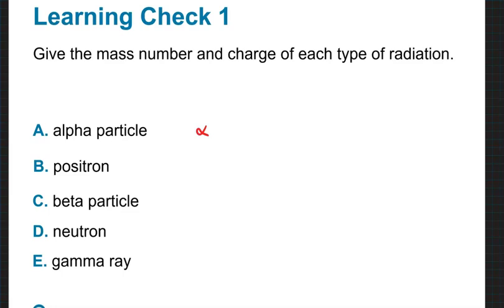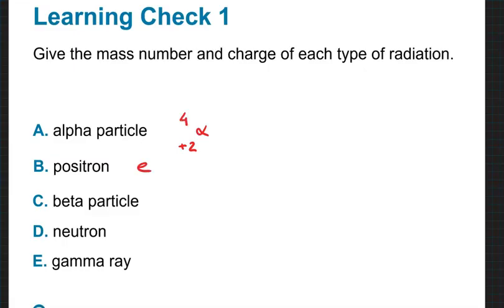Periodic table is right there. It's element number 2. So if the atomic number is 2, how many protons do we have? 2. And since the mass number is 4, how many protons plus neutrons do we have? 4. Mass number is 4, so it's 2 and 2, okay?